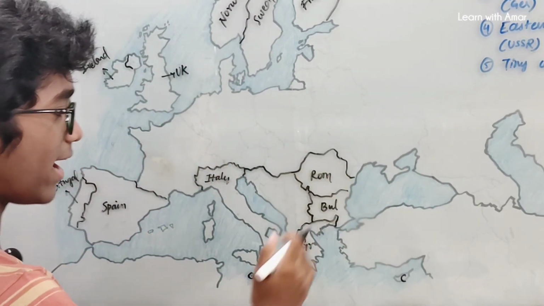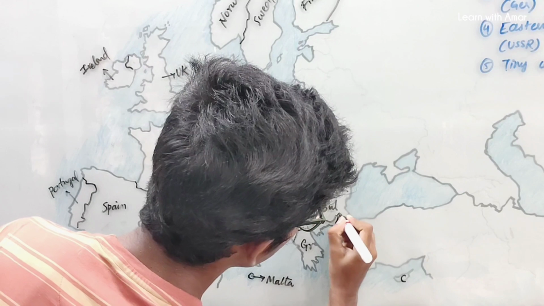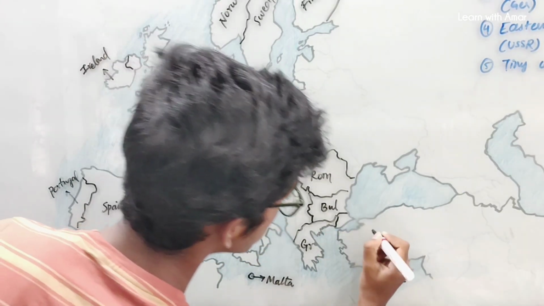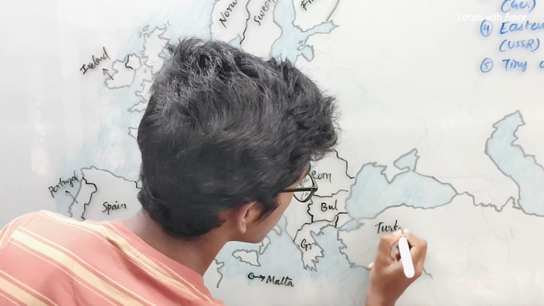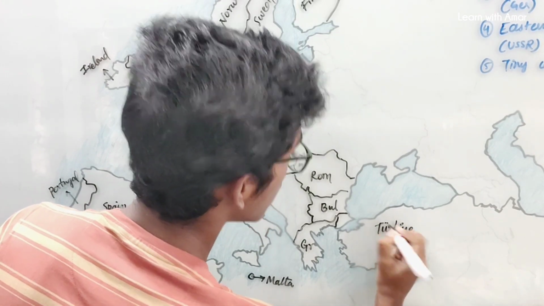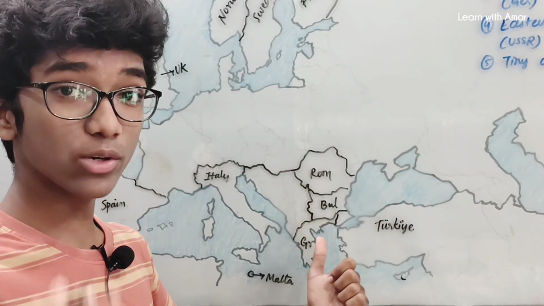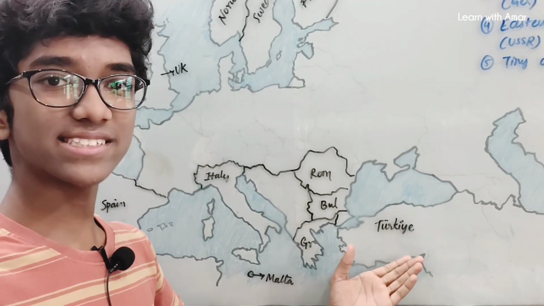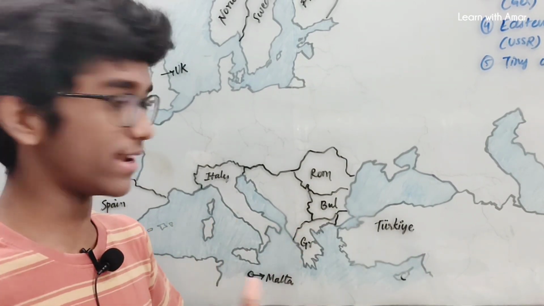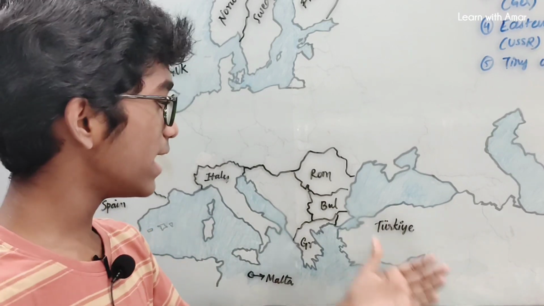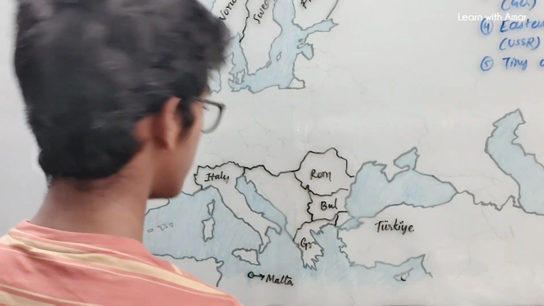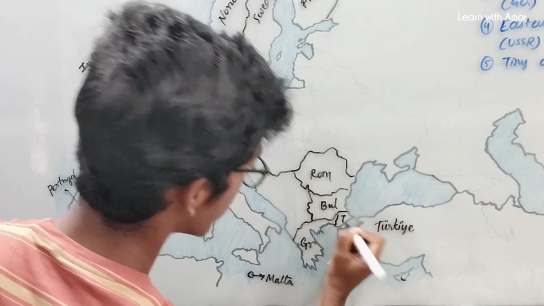Romania, Bulgaria and Greece. And also this tiny portion belongs to Turkey. Only 4% of this country is located in Europe. So including Russia, Turkey is a country present in two continents, 97% in Asia and the remaining in Europe. Right, this is Turkey.